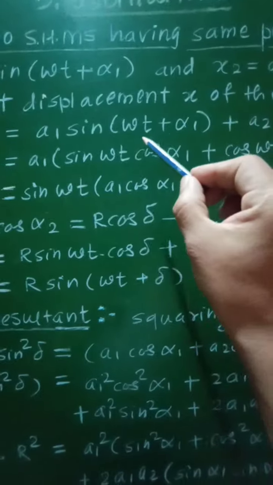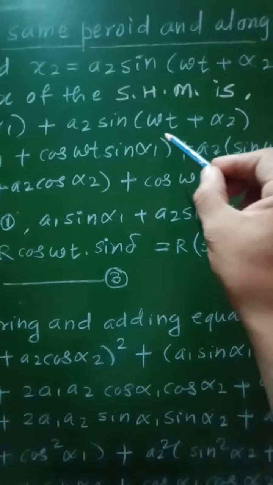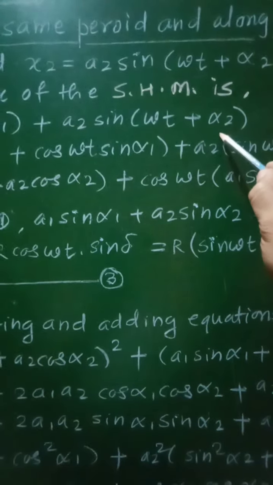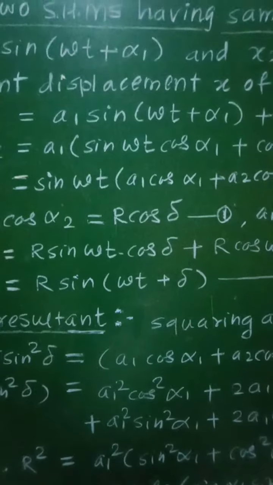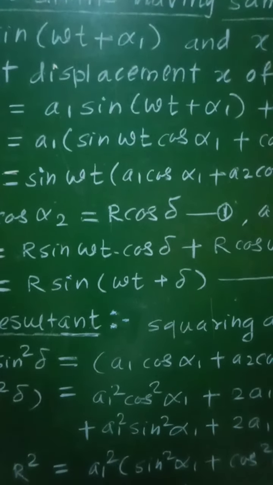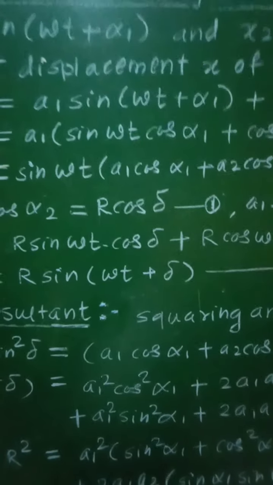Now this sin(omega t plus alpha 1) and this sin(omega t plus alpha 2) will be expanded by using the formula sin(a plus b) equal to sin a cos b plus cos a sin b.